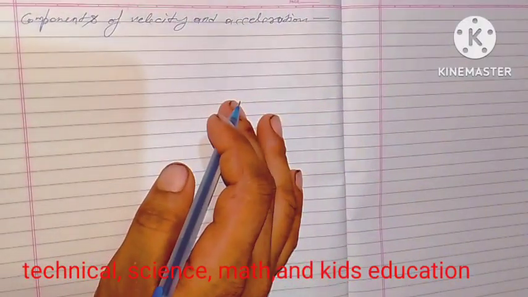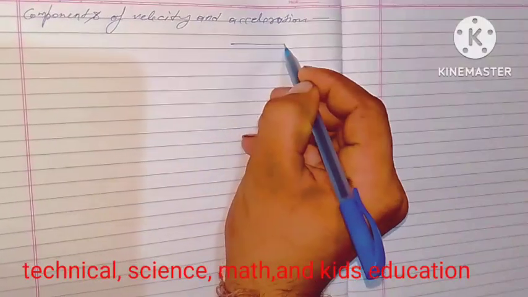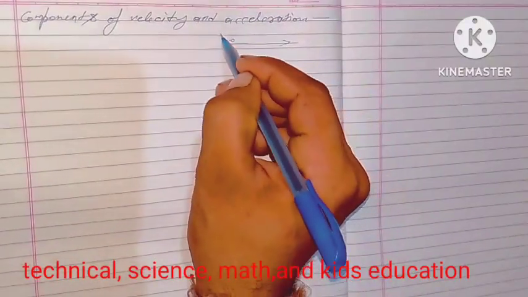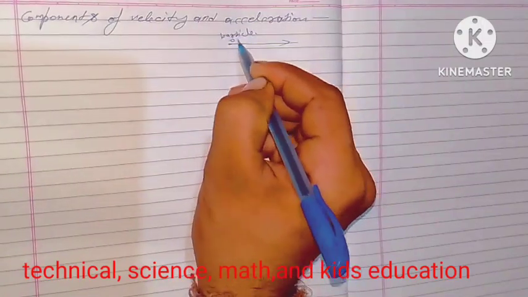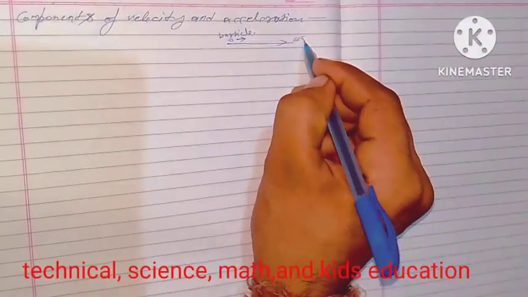Motion of a particle. Motion of a particle in a straight line. This is the particle motion, and this is the straight line.